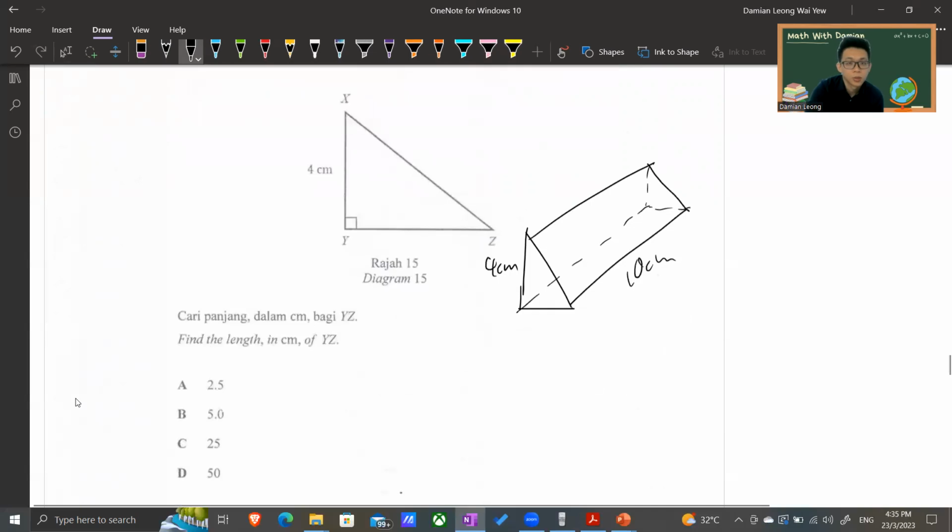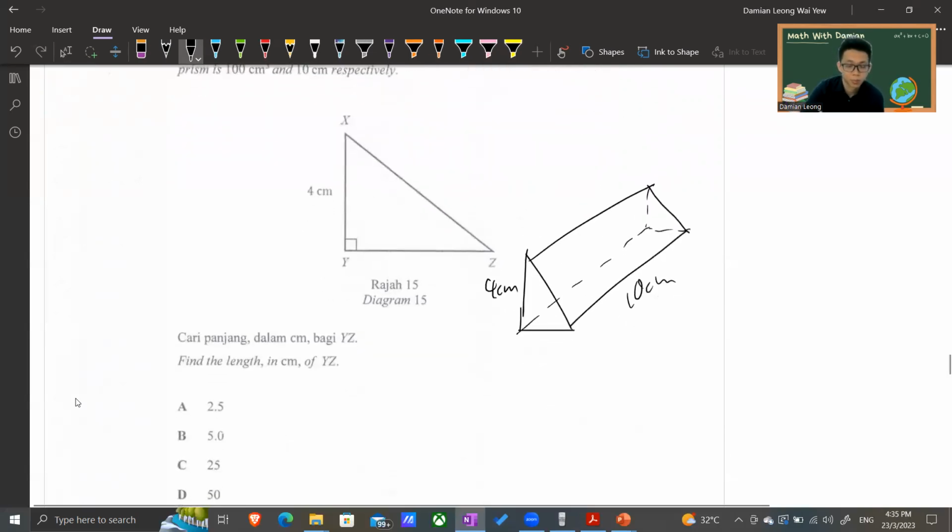Okay. So I know the volume is 100 cm cubed, which means what I want to find is YZ, let's call it X. Half times the area of this triangle, 4 times X, times the height, equals the volume, 100 cm cubed.